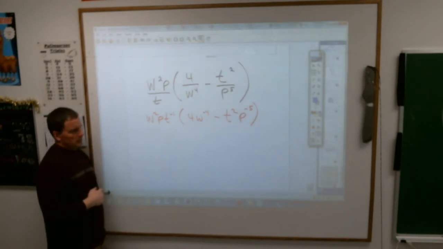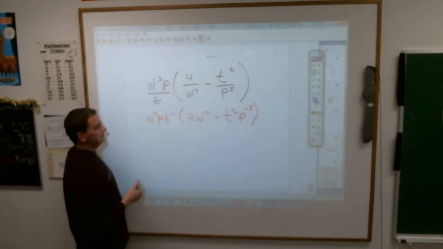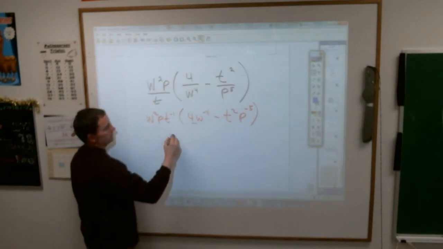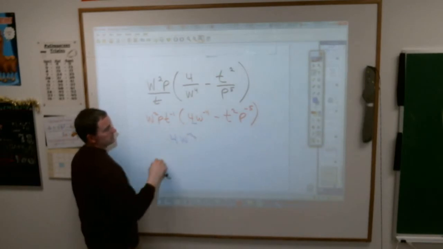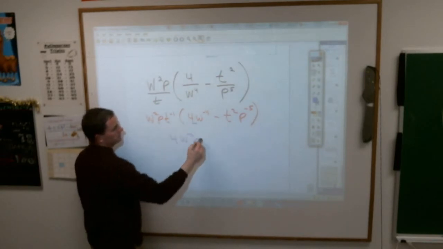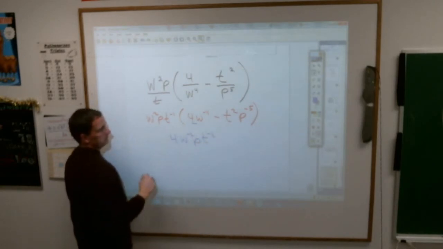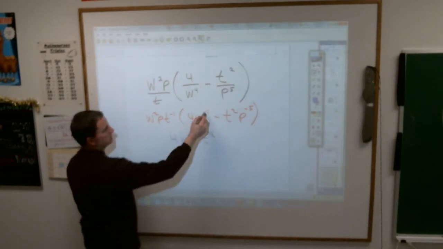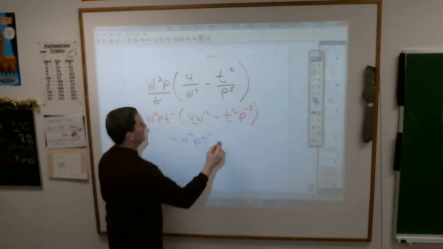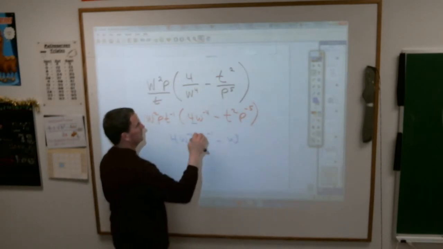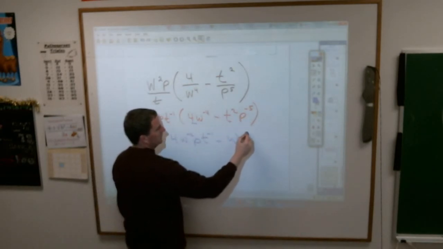Ashley says 4w squared over t minus t over t to the 4w. I have no idea. Let's do it here. You've got a 4, w squared, w to the negative 4 is w to the negative 2. p is by itself, t to the negative 1. p and p to the negative 5th is p to the negative 4th.